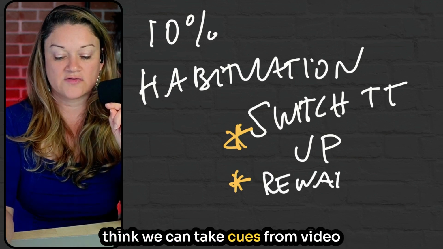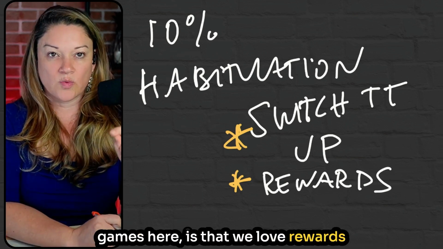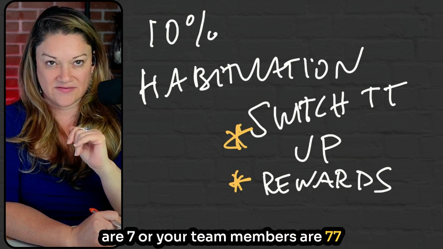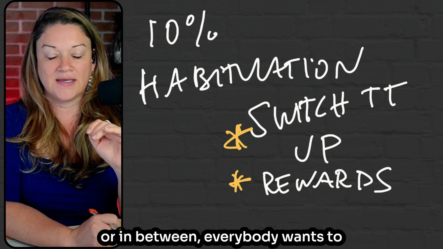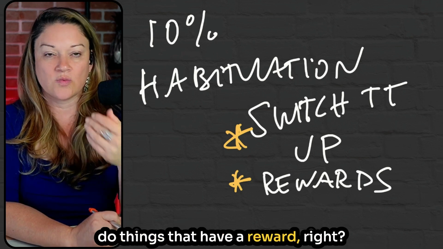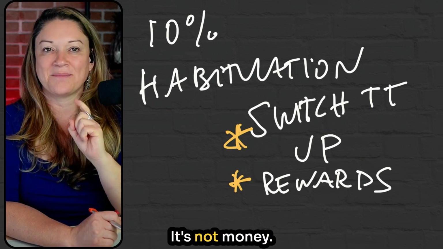The other thing with habituation that I want to share with you is that I really think we can take cues from video games here, is that we love rewards. And it doesn't matter if your students are 7 or your team members are 77 or in between. Everybody wants to do things that have a reward, right? And the word reward is not winning always. It's not money.